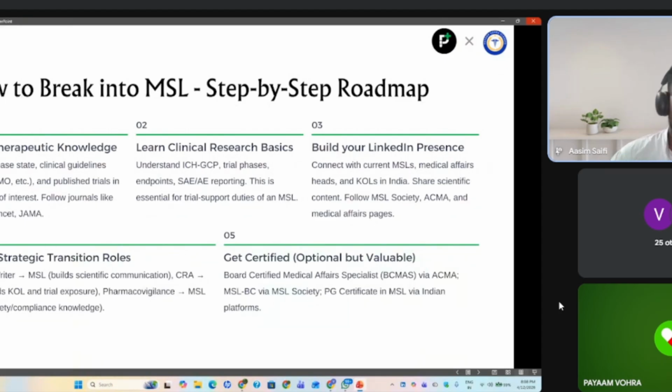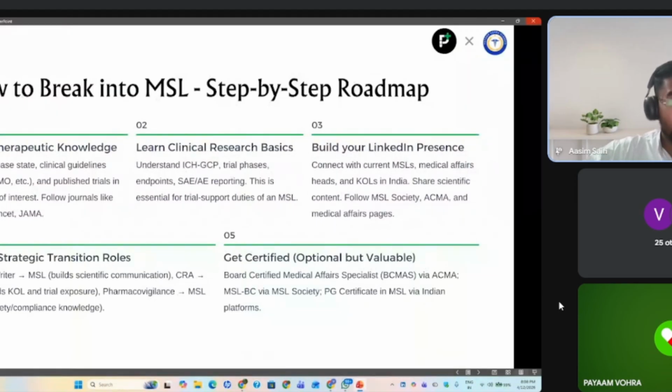I transitioned from medical writer to health economics and outcomes research, and I learned by my own exposure. You have to know how to switch and how to play with the market. But if you transition your career without knowledge, you will not be able to stay in that domain.